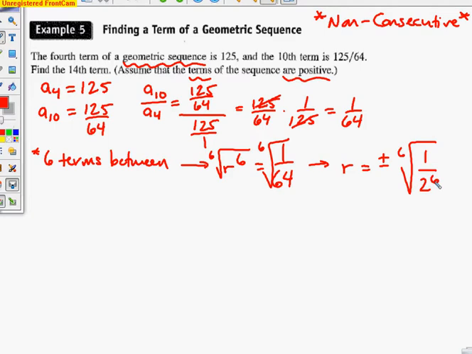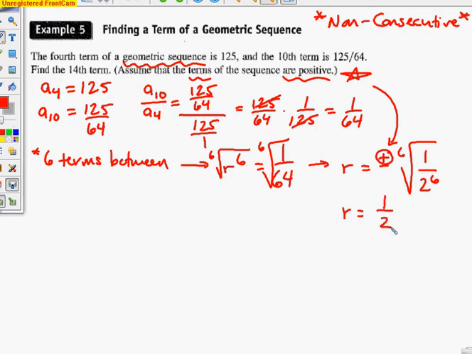Okay? So maybe you could recognize that. But this right here means that since the terms of the sequence are positive, we don't worry about the negative, we just keep the positive. Okay? And that'll simplify to an r value of 1/2.